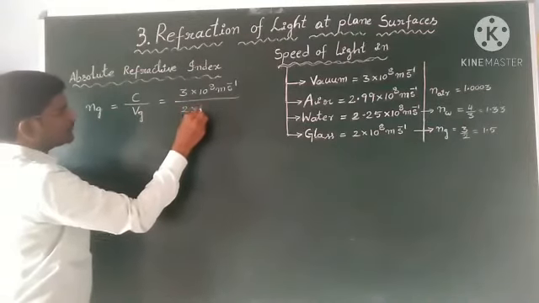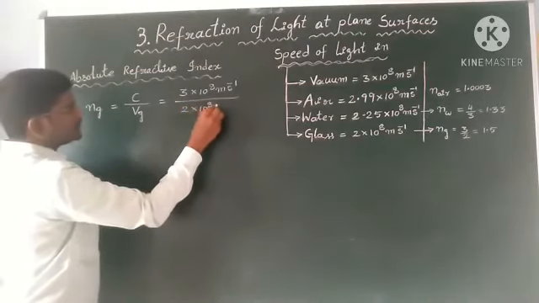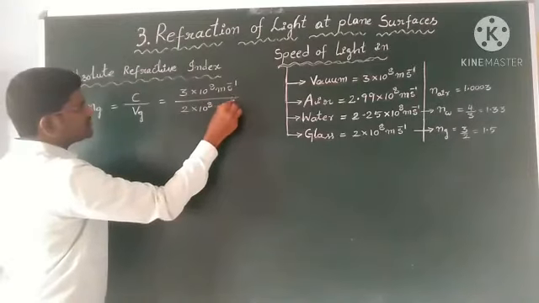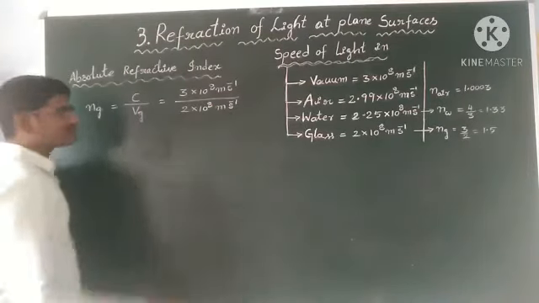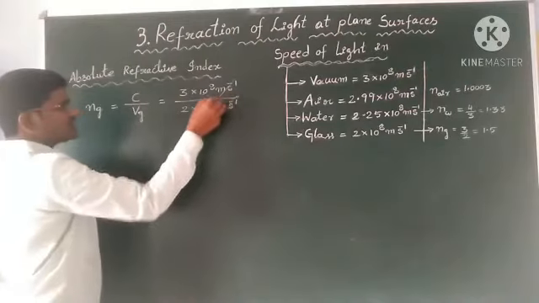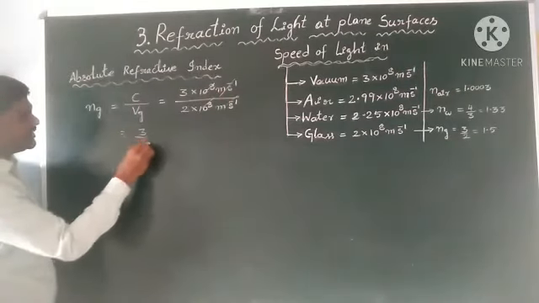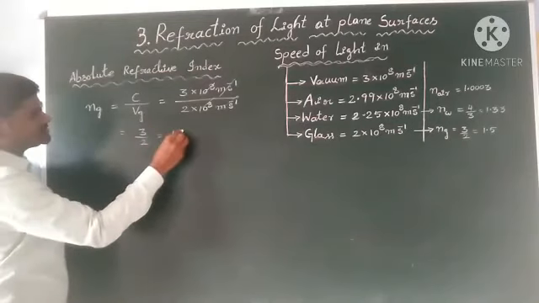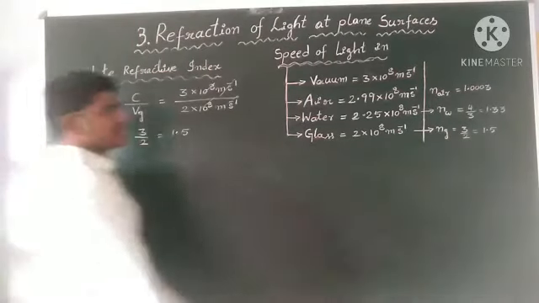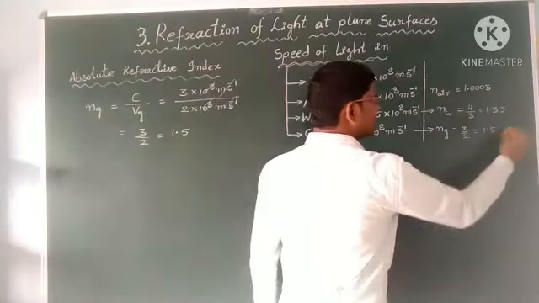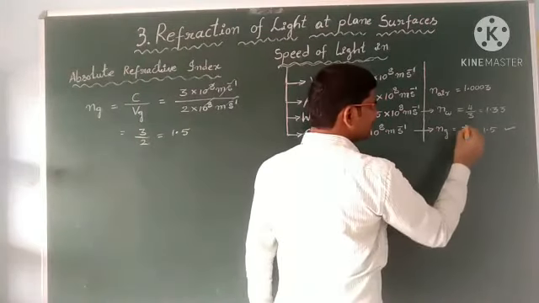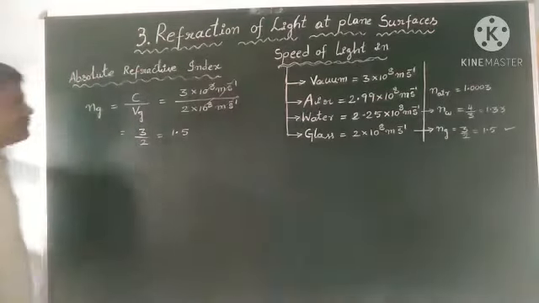We know the speed of light in vacuum is 3 × 10^8 m s^-1, and the speed of light in glass is 2 × 10^8 m s^-1. So these cancel, and you get 3 by 2, which is 1.5. So the refractive index of glass is 3 by 2, or 1.5.